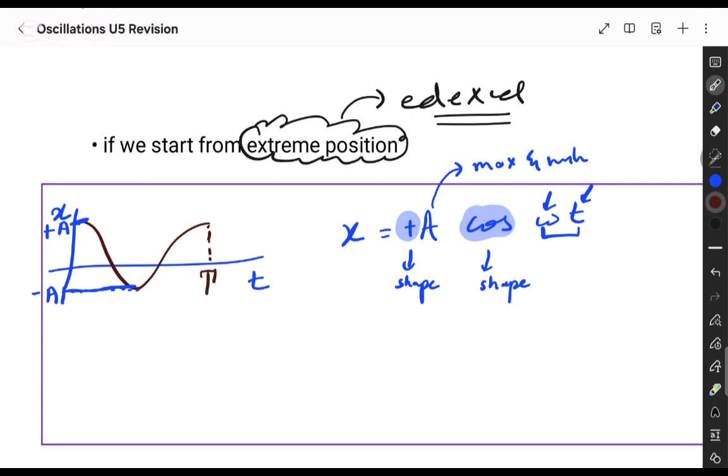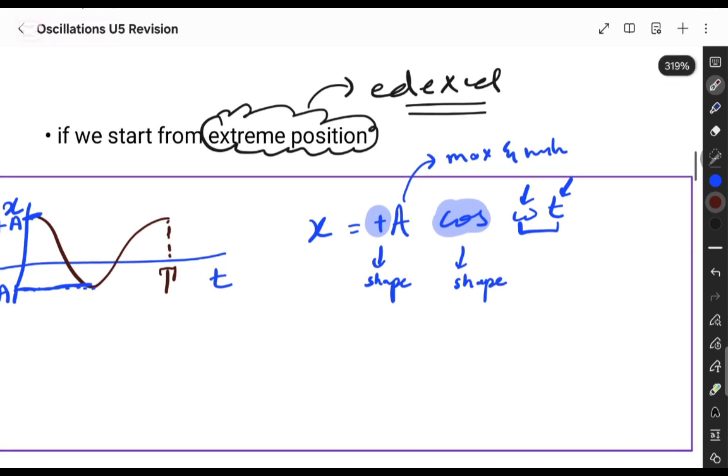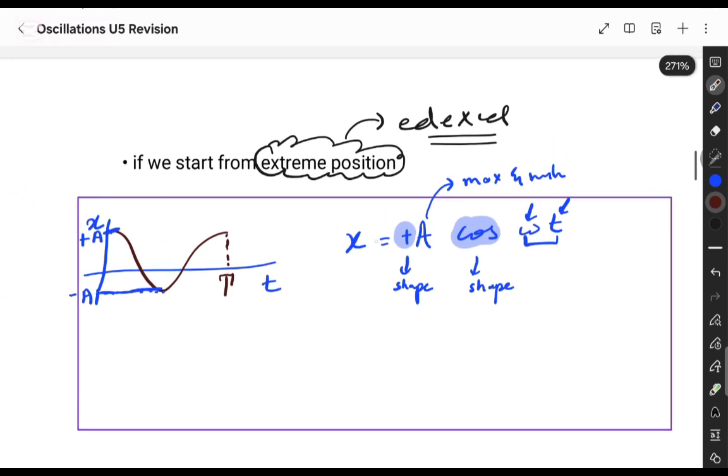The second one is, if you know differentiation, it should be really easy. If you differentiate dx by dt, you should get velocity. Okay, so if we differentiate this, we get velocity.